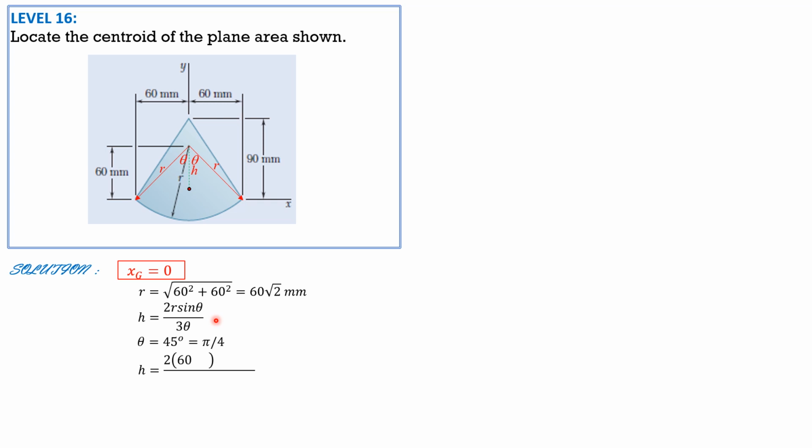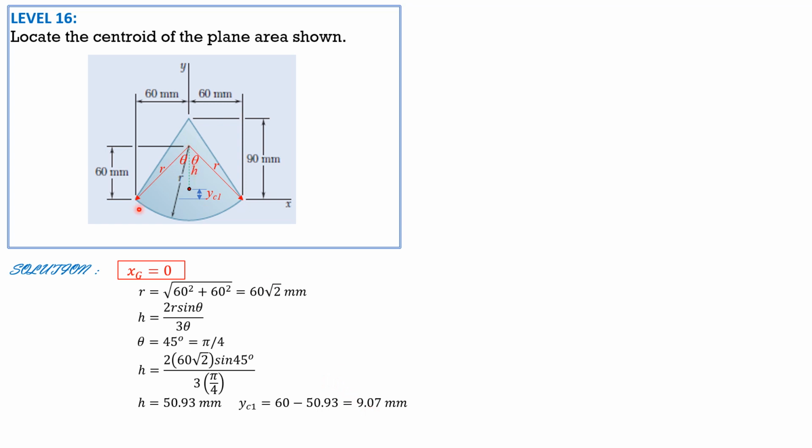Substitute. H is 2 times 60 square root of 2 times sine of 45 degrees over 3 times pi over 4 radians. So solving, H is 50.93 mm. Therefore, y sub c1, which is the distance of the centroid from the x-axis as shown, is 60 mm minus H, which is 60 minus 50.93, so 9.07 mm.